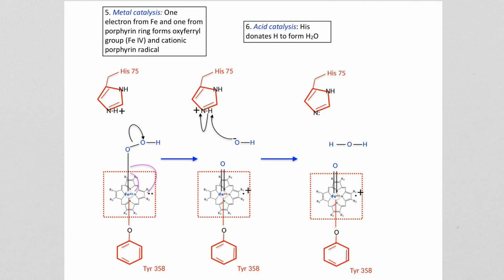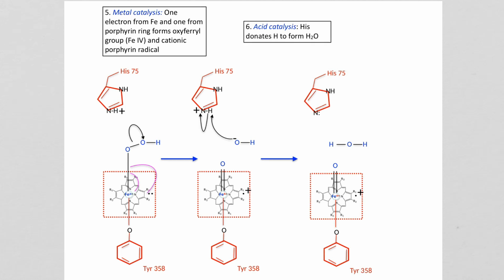So basically this intermediate here consists of an oxyferryl group, where iron is in the 4+ state, and a cationic porphyrin radical. We also get a hydroxide ion.